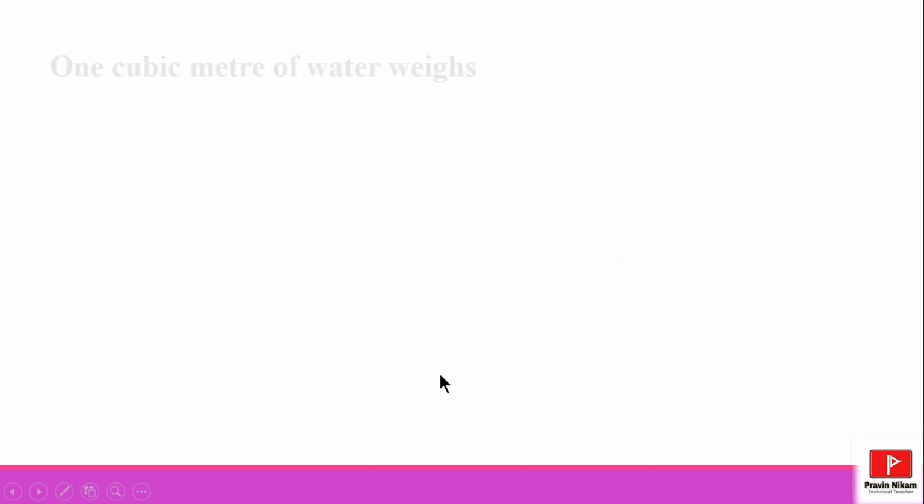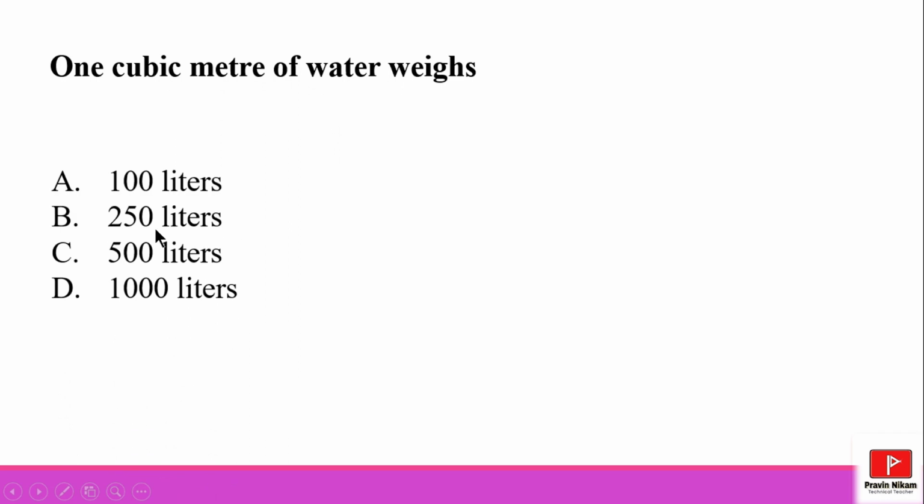B is the answer. Now next, 1 cubic meter of water weights. The options are 100 liters, 250 liters, 500 liters, 1000 liters. Means in a 1 meter cube tank, how much water can you add? In a 1 meter cube tank you can add 1000 liters of water.